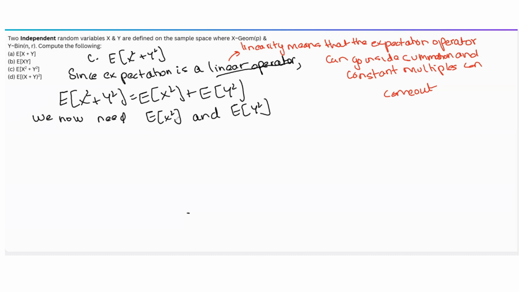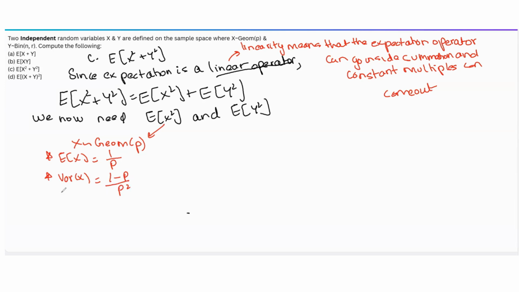Now for the expected value of x squared, we'll use the fact that x is a geometric random variable, given to us with parameter p. P represents its probability of success. We know that the expected value of a geometric random variable is 1 by p, and the variance is 1 minus p by p square.